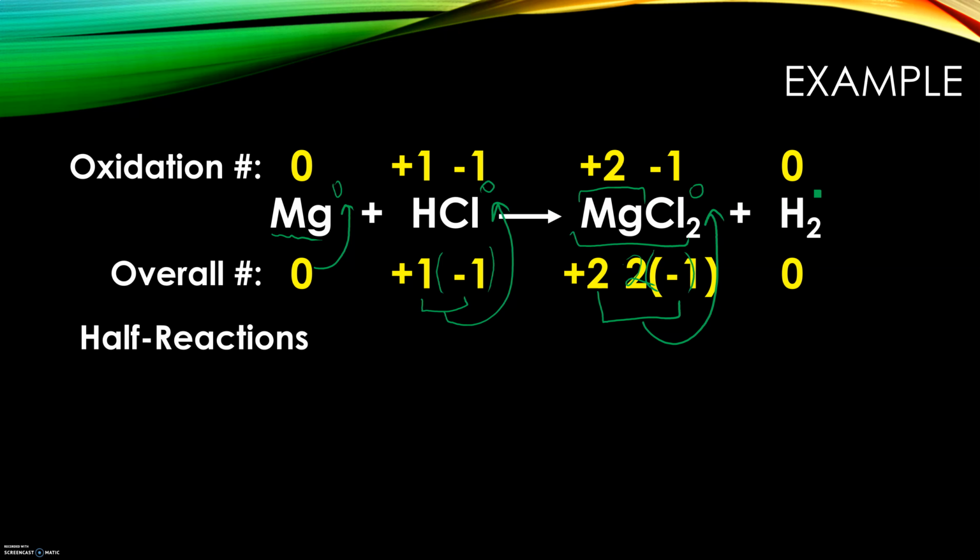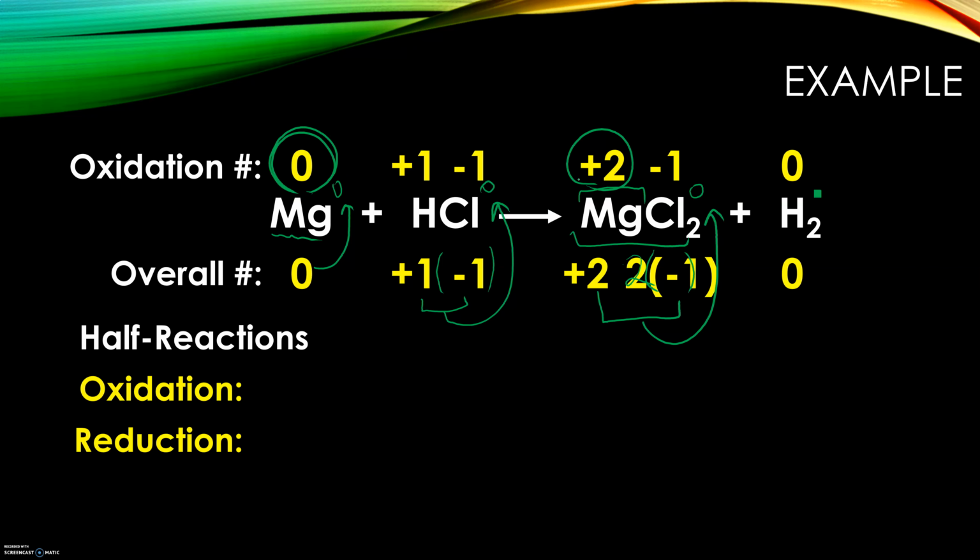Now we get to write the half reactions, and half reactions are basically writing the oxidation half and the reduction half of the reaction. So remember, loss of electrons is oxidation, so we're looking for numbers that go up. If we look at magnesium, we'll notice that magnesium starts at 0 and goes to +2, so that lost electrons.